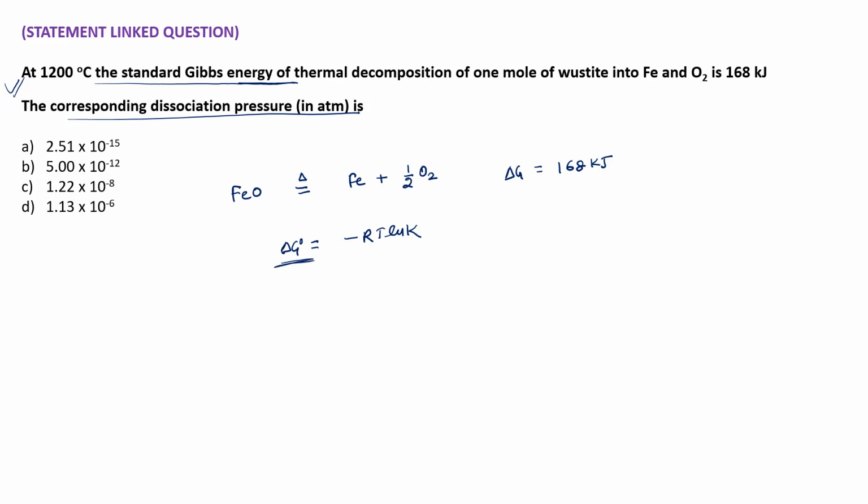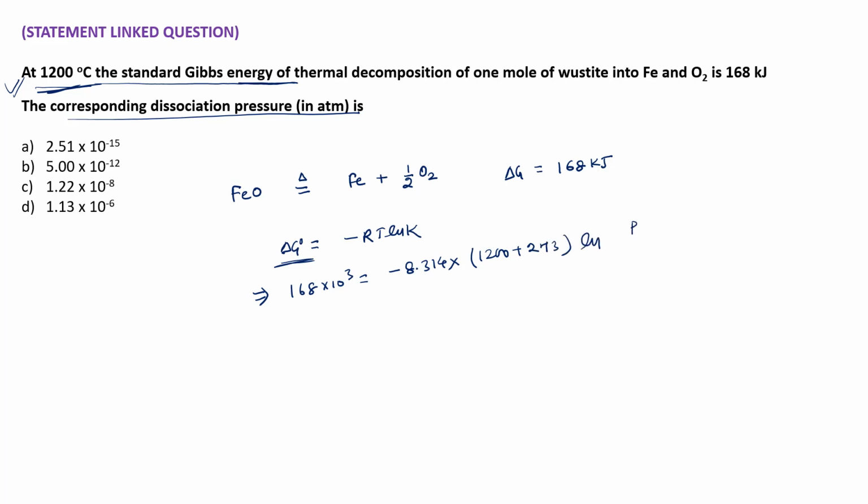It is 168 into 10 power 3, equal to minus 8.314 into T. T is 1200 degrees centigrade, but we have to change it into Kelvin, so 1200 plus 273, into ln K.